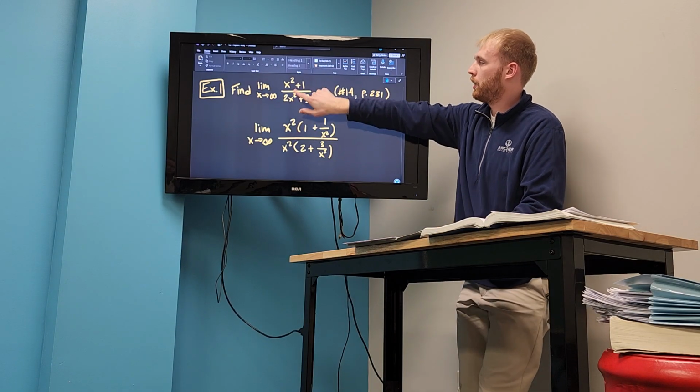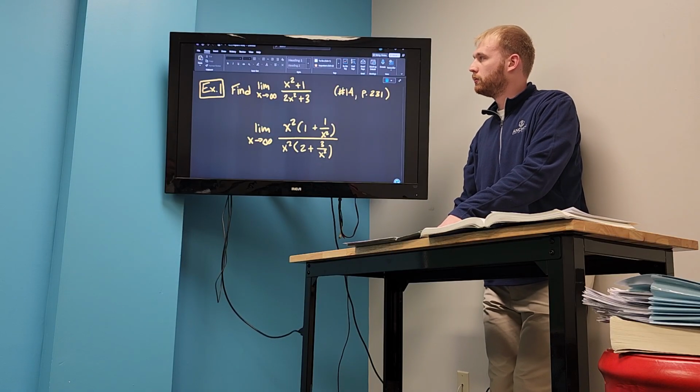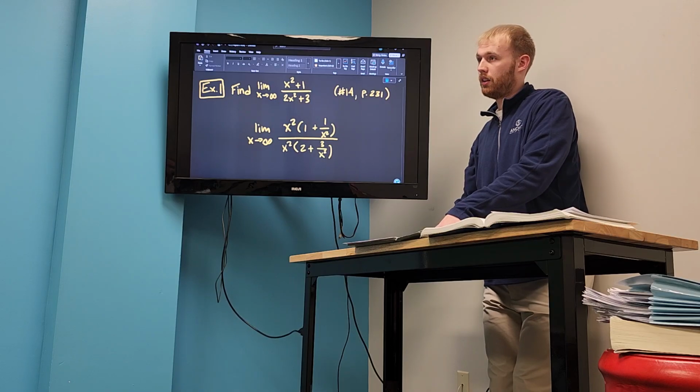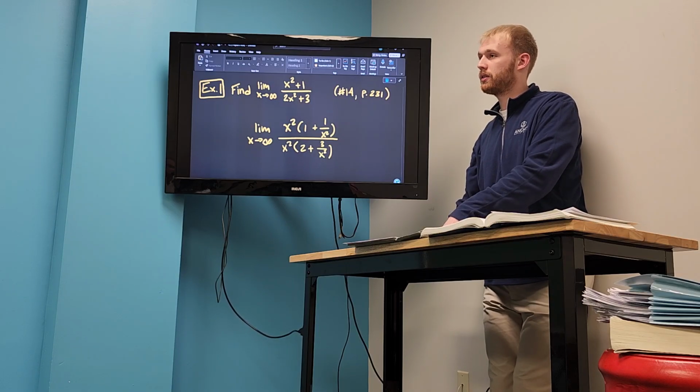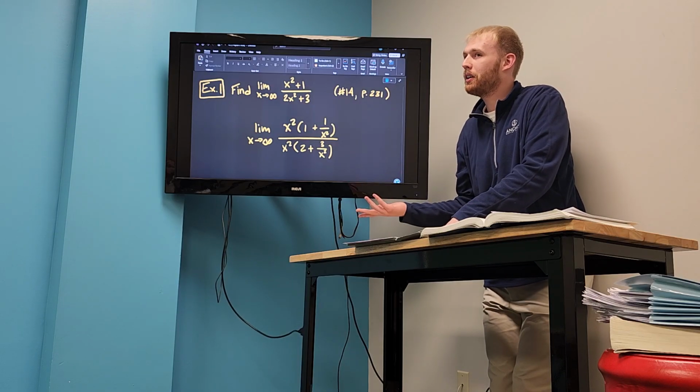If I put infinity right here, a million squared plus 1 is a hecton. 2 times a million squared plus 3 is even more than that. But a half, we know that it's going to be a half.